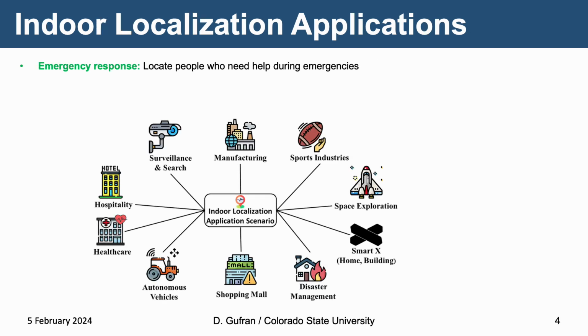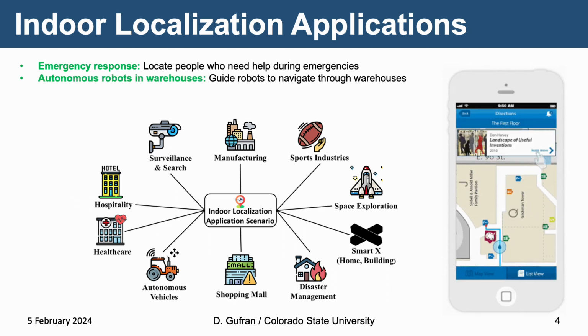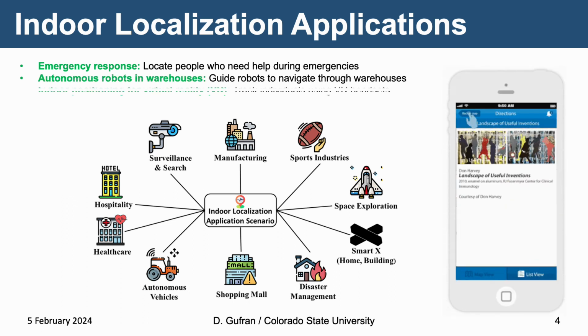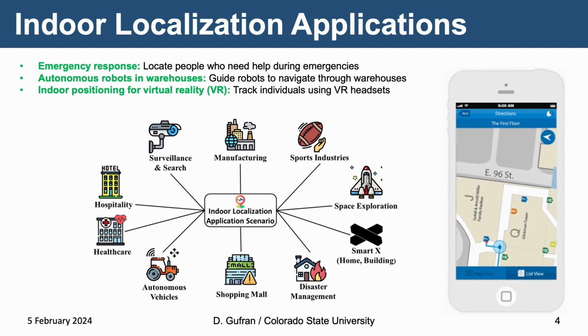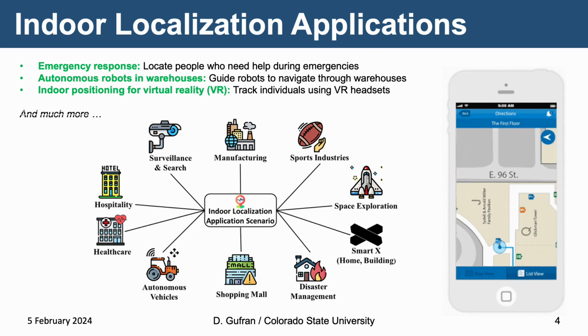Indoor localization finds applications in critical scenarios, such as providing precise indoor locations for people under distress, guiding autonomous robots through warehouses, providing precise indoor positioning for virtual reality headsets, and much more.